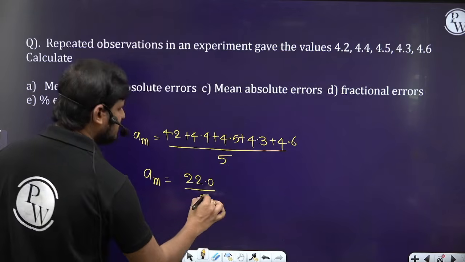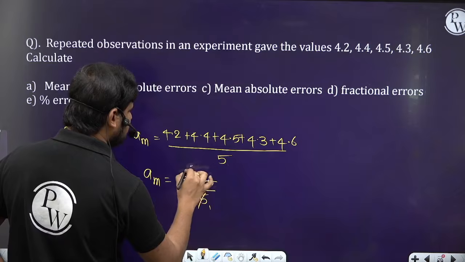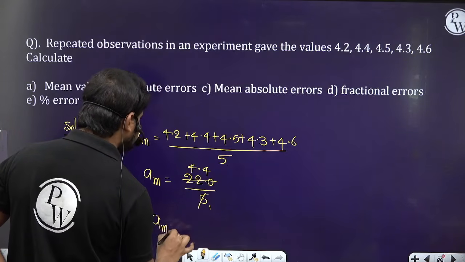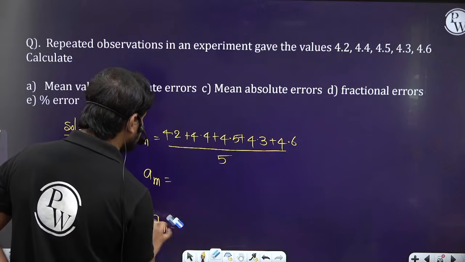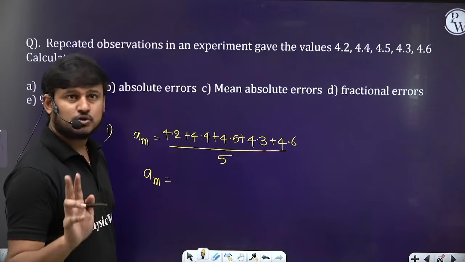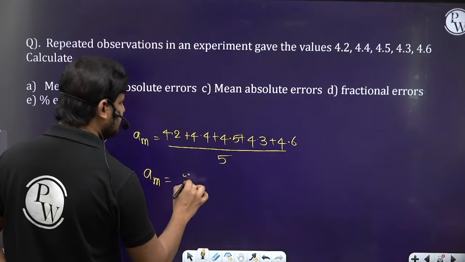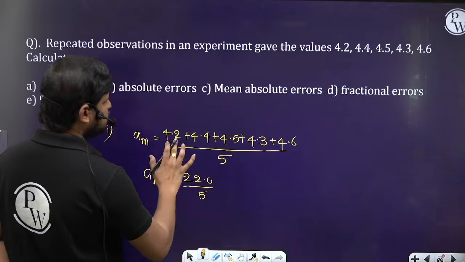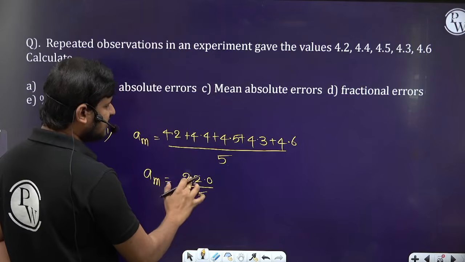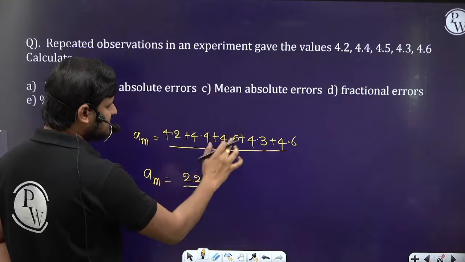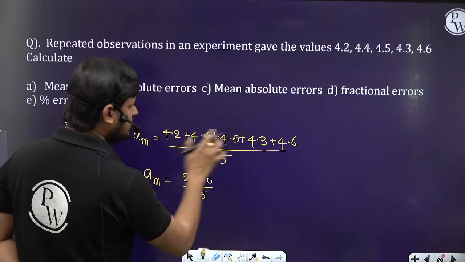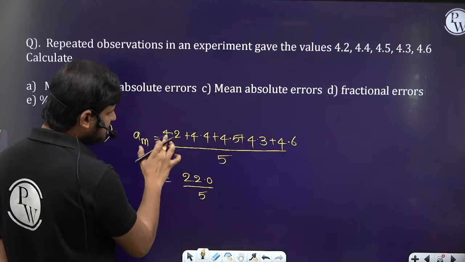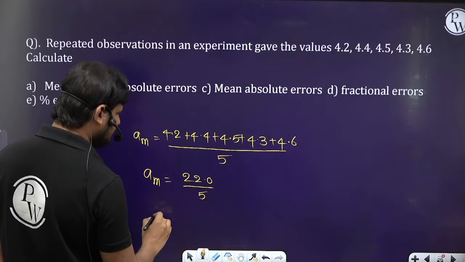Calculate this one. 5 ones are 5, 5 fours are 20, so 4.4. Then AM is equal to 4.4. Here also, while adding these, you should use the significant figures rule. In the case of addition and subtraction, we are getting 22.0. So 22.0 by 5, how many decimals are there? 1 decimal, because we should round off to the least number of decimals.